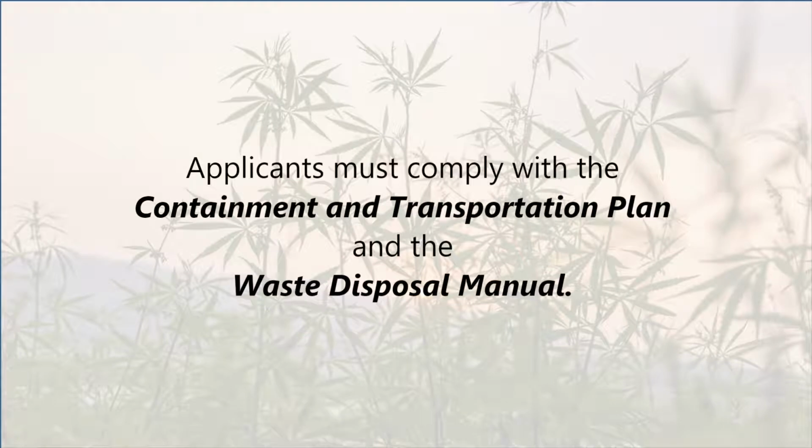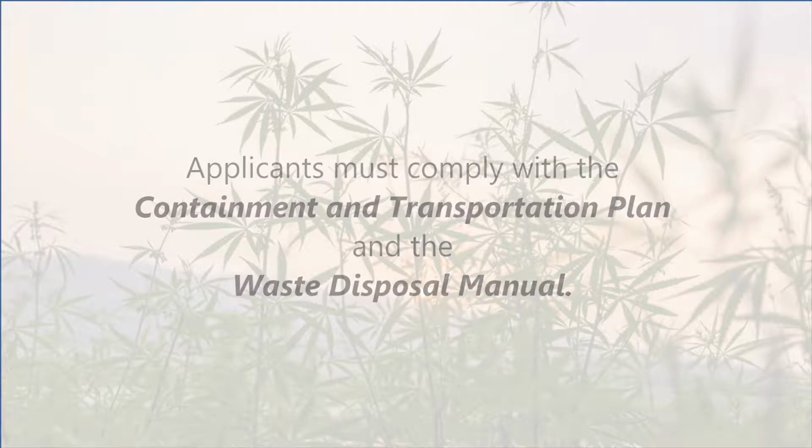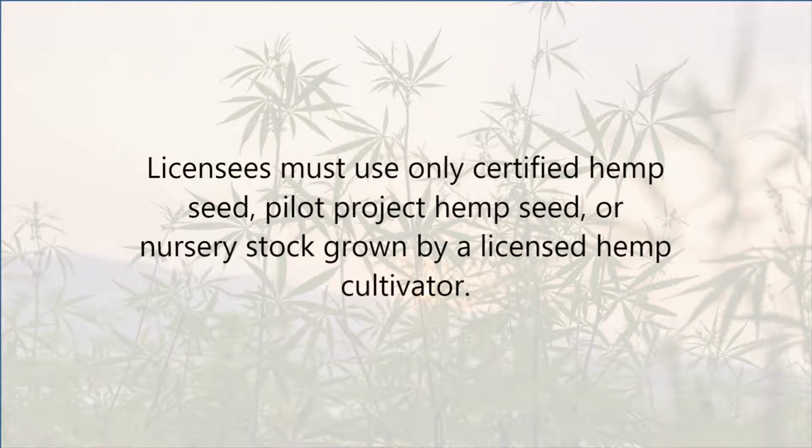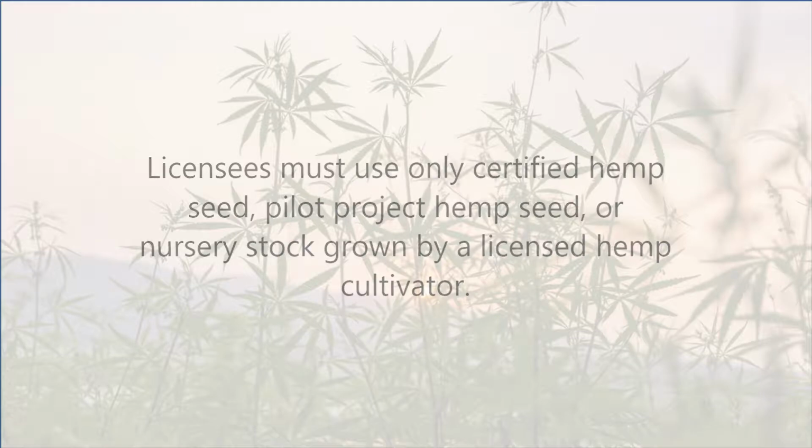Applicants must comply with the Containment and Transportation Plan and the Waste Disposal Manual. Licensees must use only certified hemp seed, pilot project hemp seed, or nursery stock grown by a licensed hemp cultivator.